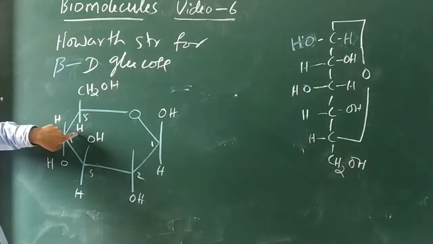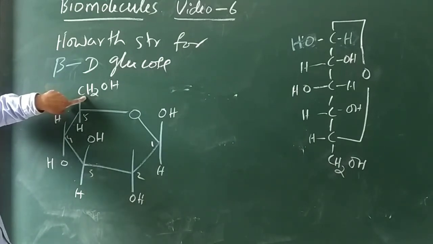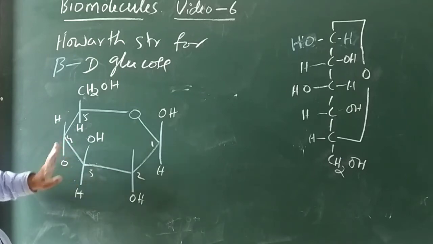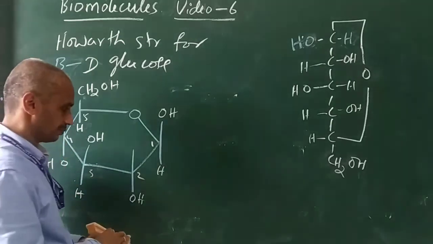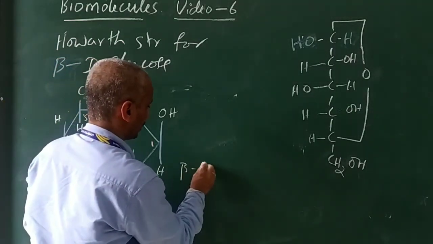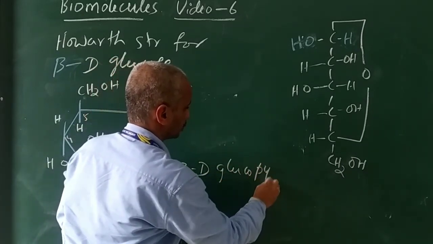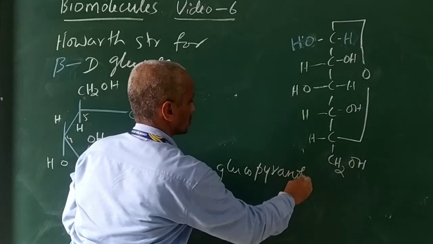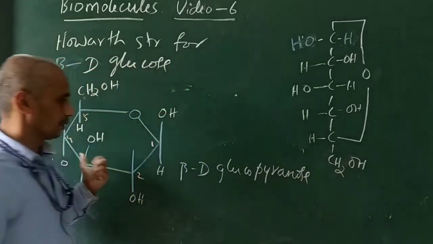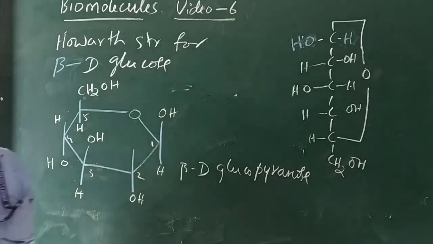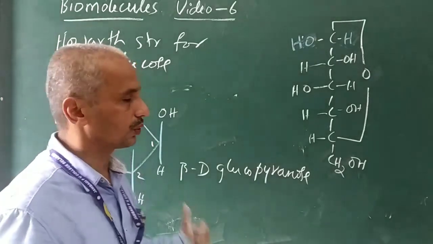It will not be on this side, it will be the upper side only, whether beta D or alpha D. So no change. So this is beta D glucopyranose. How was the structure? Note this properly.